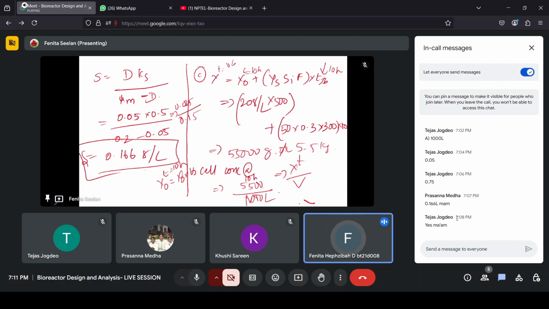I'm writing in terms of gram per liter. You can write in whichever units the question was asked in. So 55,000 divided by 1000 will give me 55 gram per liter. If in terms of kg per liter, it will be 5.5 divided by 1000, so 0.0055 kg per liter.